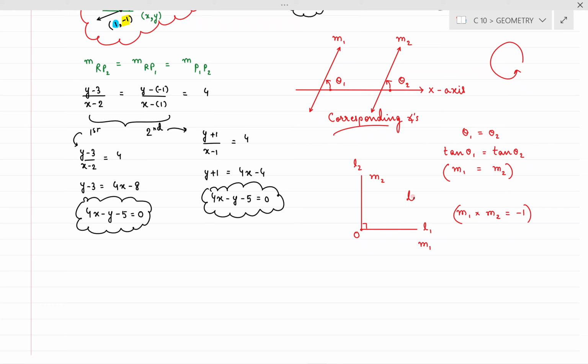This is known as law of perpendicularity. This was law of parallelism.